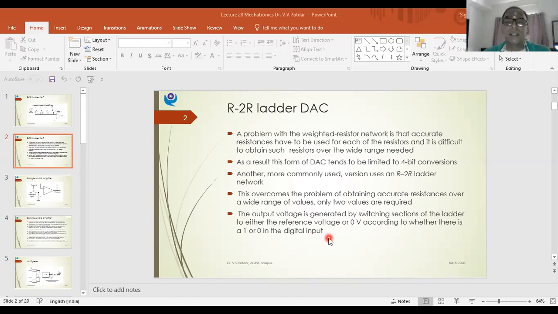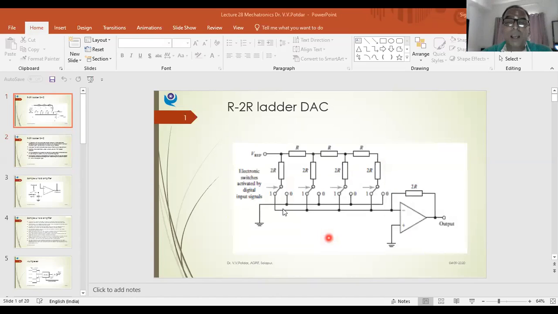That's what we discussed. Either I'll be applying the reference voltage to my inverting terminal, or, if the switch is in this position, I'll be applying 0 volt because there will not be any voltage supply. That is what this last sentence means.